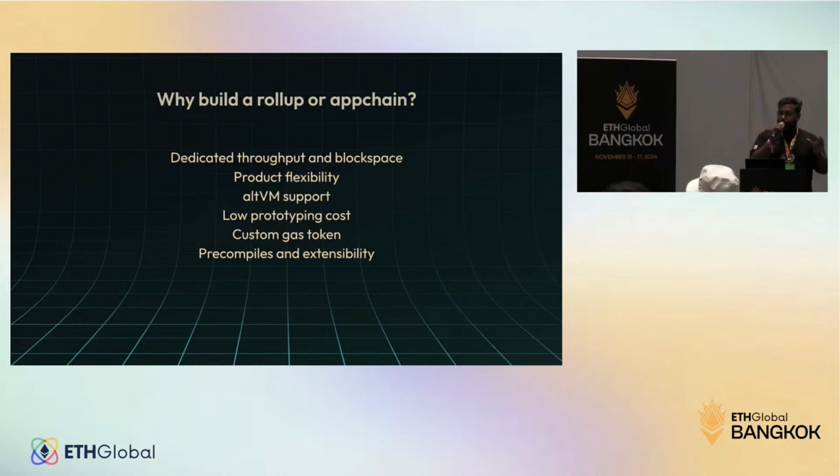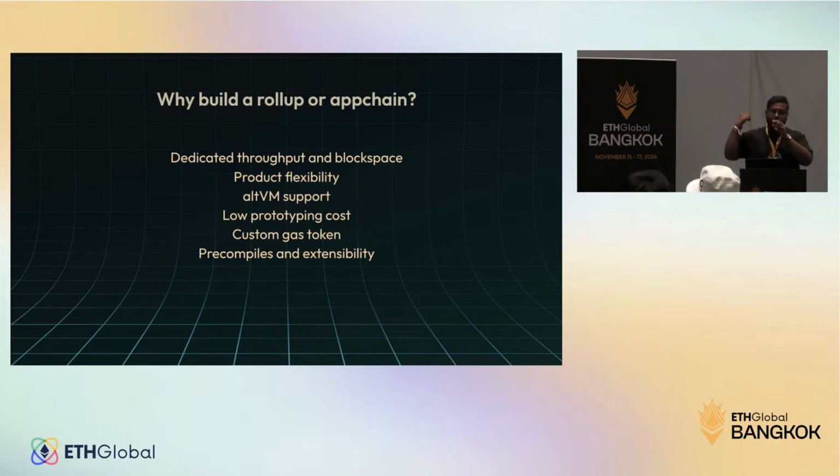The primary way in which you would build on Avail is by building a rollup or an app chain. So why would you want to do that, right? A couple of reasons are dedicated throughput and block space. You might already be familiar with this: if you are deploying your smart contracts on Sepolia or Holesky or any testnet out there, the problem is that you are sharing resources with maybe millions of other users.